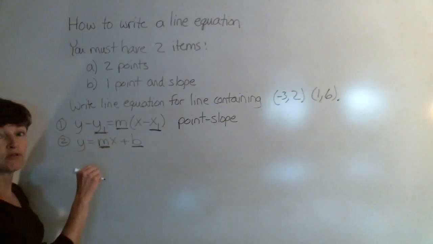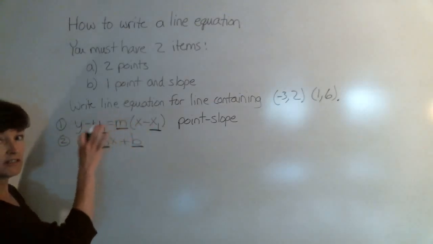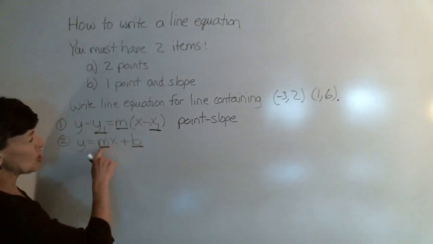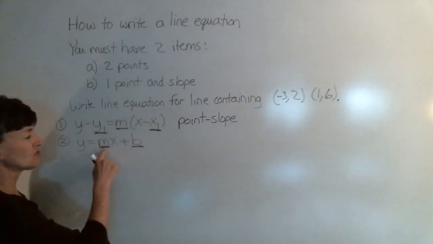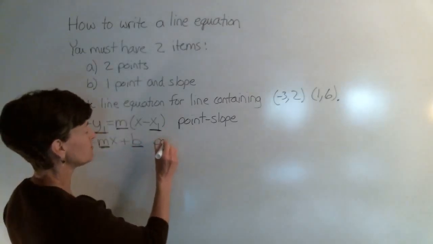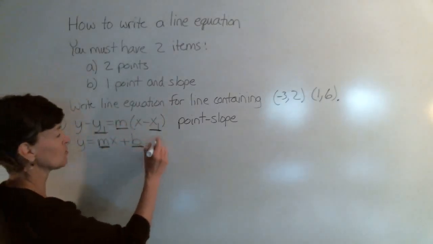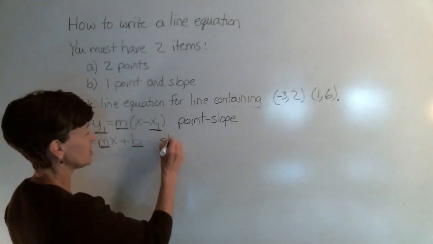This tends to be the most popular line equation, but all of these are useful in their own way. This is called the y-intercept because your point is the y-intercept. So this one is called the slope-intercept form of a line equation.